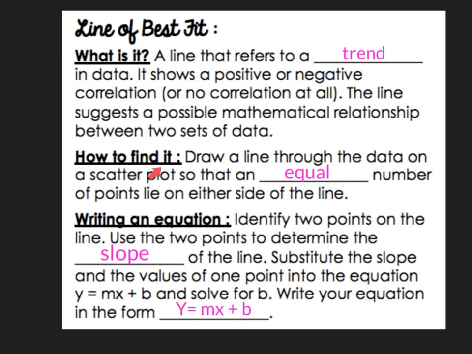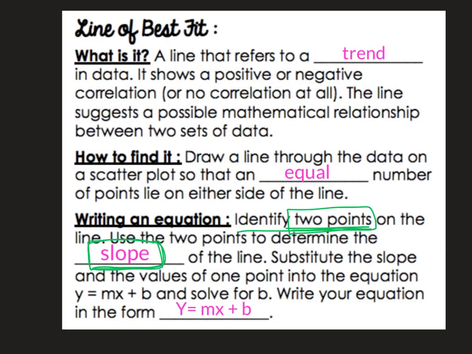How do we find a trend line? Well, first you're going to draw a line through the data so that you have equal amounts of points that lie on both the left and right or the top and bottom of the line you draw. How do you write the actual mathematical equation? You are going to pick 2 points on the line, and you're going to use these 2 points to determine the slope of the line.